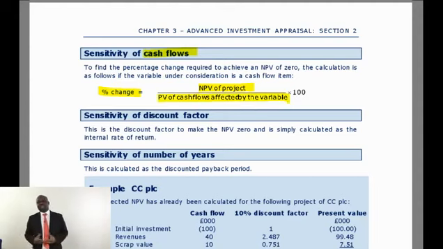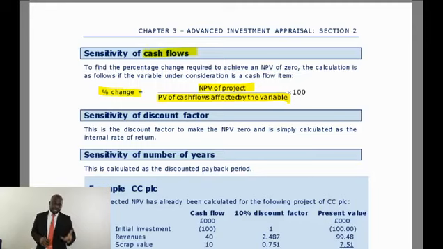So for instance, if I want to know how much should the selling price change for the NPV to be equal to 0, I will divide the NPV by the present value of sales. If variable cost, NPV divided by present value of variable cost.